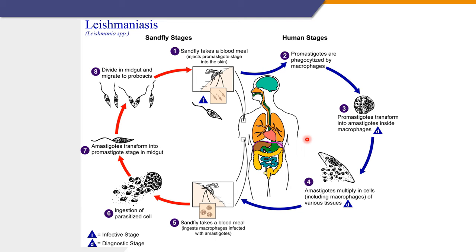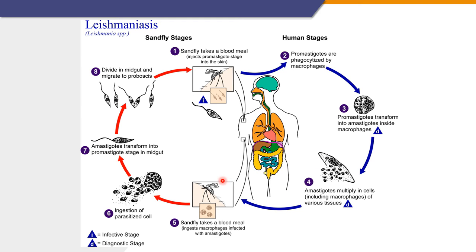The sandfly becomes infected by ingesting infected cells during blood meals. So for example, this sandfly is uninfected, meaning it has no parasite. After taking a blood meal from an infected person, during the blood meal the sandfly would also be ingesting the phagocytes with the parasite.